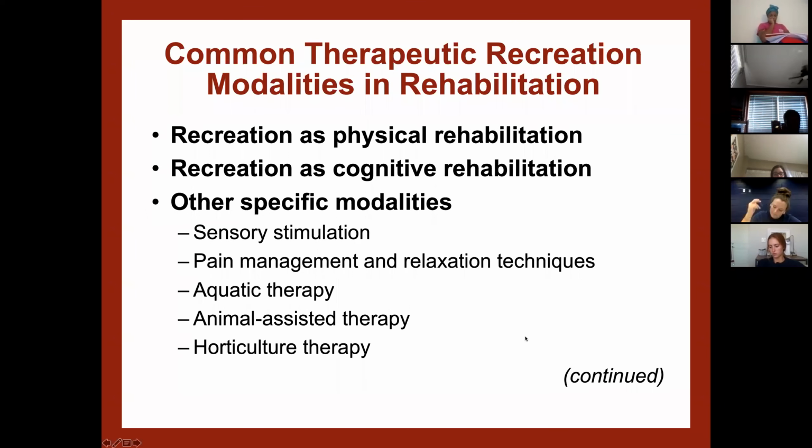So as far as the common therapeutic recreation modalities that we see in a rehabilitation setting, we use recreation for both physical and cognitive rehabilitation. Physical rehabilitation includes exercise and everyday skills like walking up and down stairs. Cognitive rehabilitation would be things like, we'll go back to the dominoes we've used before.